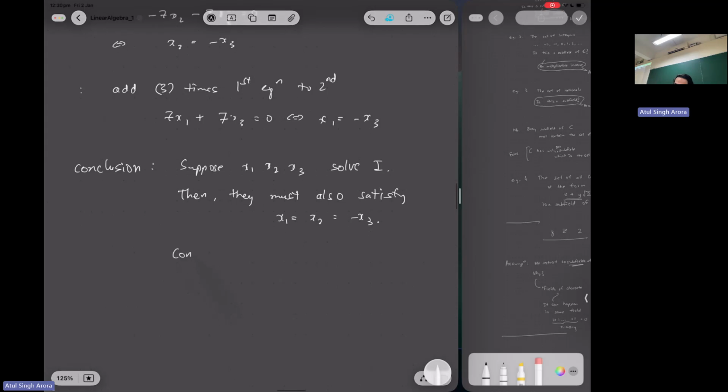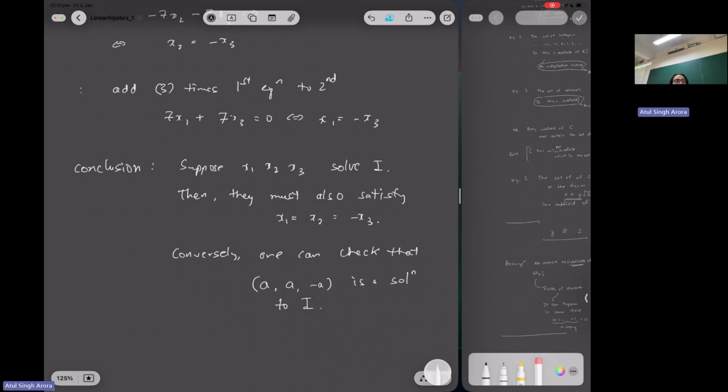And conversely, one can check that (a, a, minus a) is a solution to the system of equations. I can just say it is a solution to 1 since we already wrote it down.